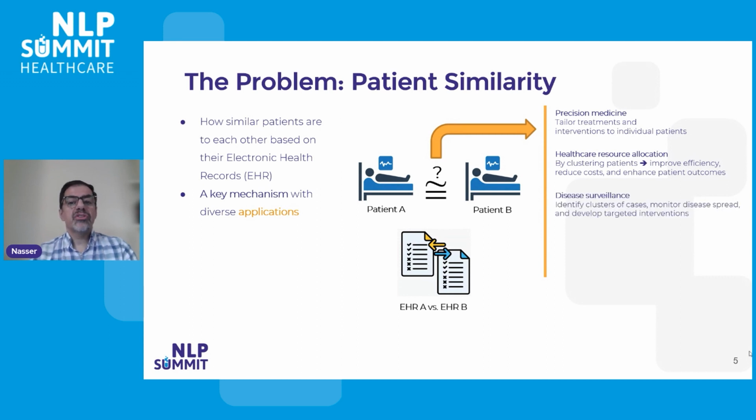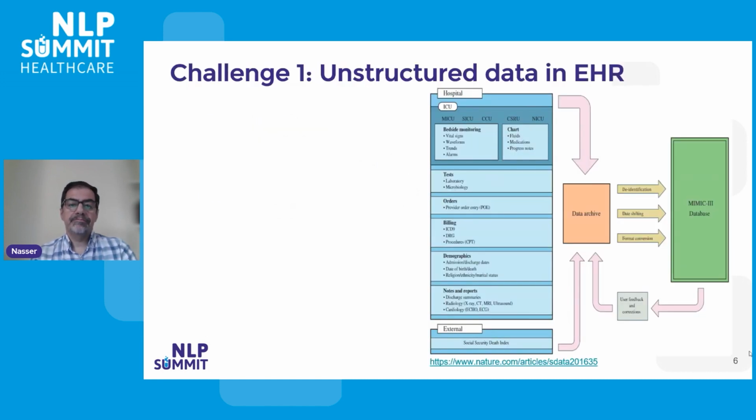The other application area is disease surveillance, identifying clusters of cases, monitoring the spread of disease, and developing targeted interventions if required. Another application area is patient stratification, identifying subgroups of patients for different treatment approaches or targeted intervention, as well as many other applications. So patient similarity is a key mechanism in this domain.